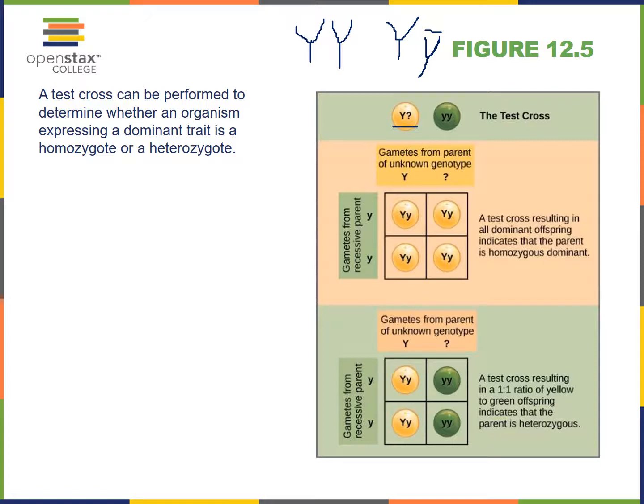So he invented the test cross in order to figure out what genotype he had, because this was before DNA testing and he couldn't really look at the genotypes, but he could figure out with a test cross what genotype they had.